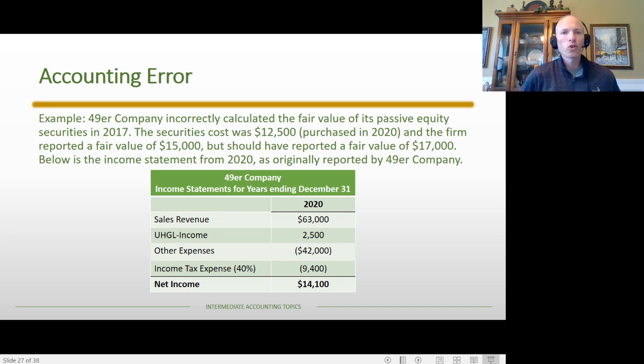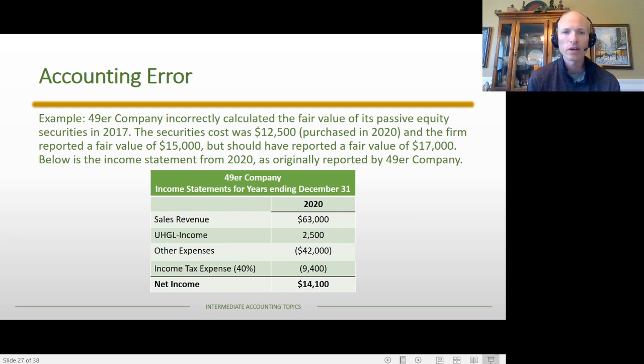All right, so 49er company incorrectly calculated the fair value of its passive equity securities in 2017. Securities had original cost of $12,500, and the firm reported a fair value of $15,000, but should have reported a fair value of $17,000. So the income statement provided here was the income as it was reported in 2020.